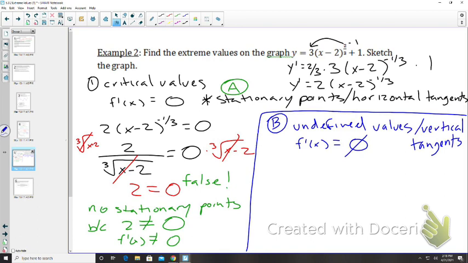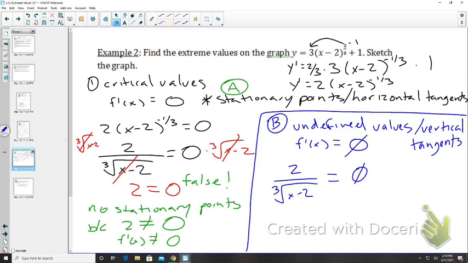So we have 2 over the cube root of x minus 2. Where does that equal undefined? Well, what values do we have to really be concerned about?